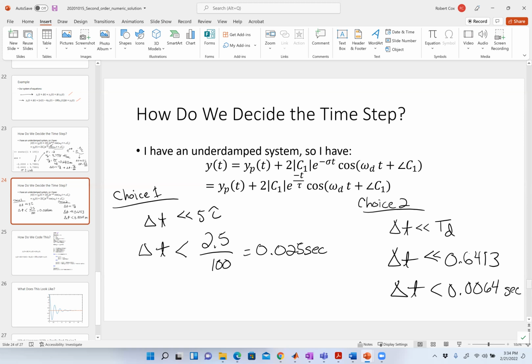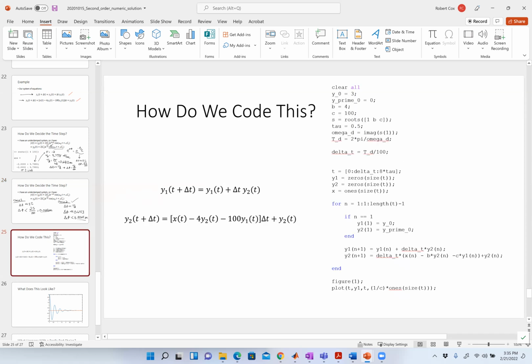Which one should I choose? So one choice is something less than 0.025. One is less than 0.0064. Which one do I choose? Second one.